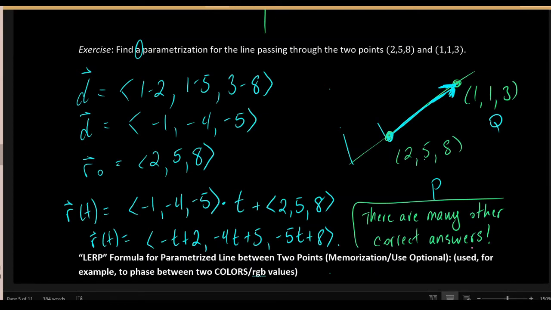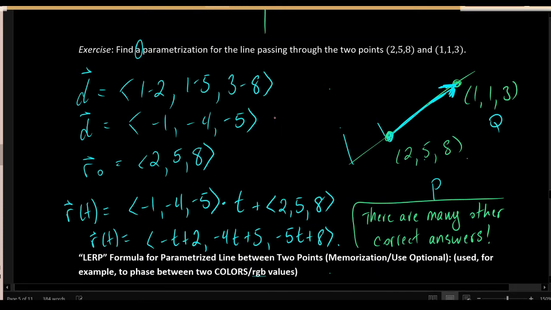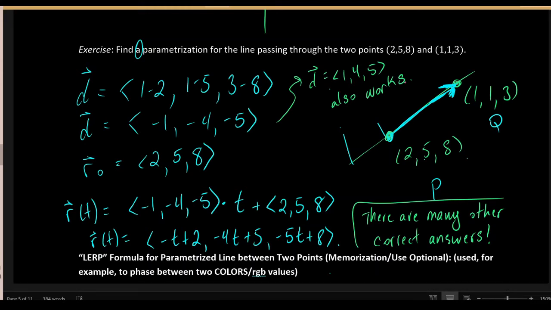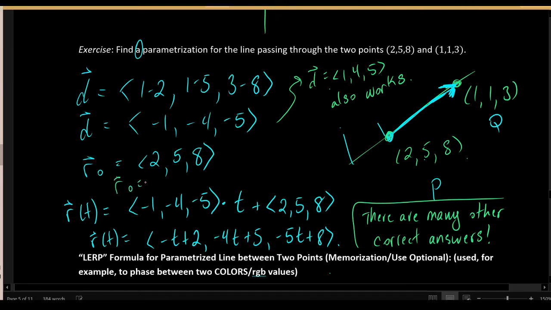For example, we could also choose to have the direction vector not be the vector from P to Q. It could just as well be the vector from Q to P. We could have our R0 point to the point P, but it would just as well work to have our R0 point to the point Q.